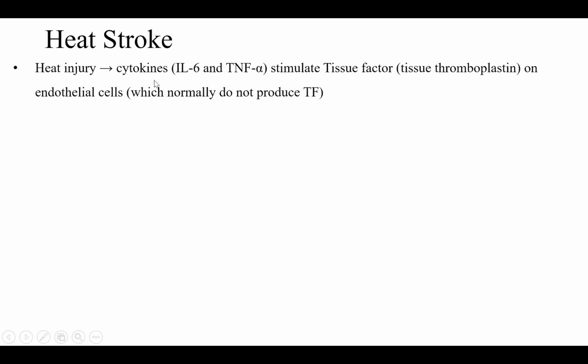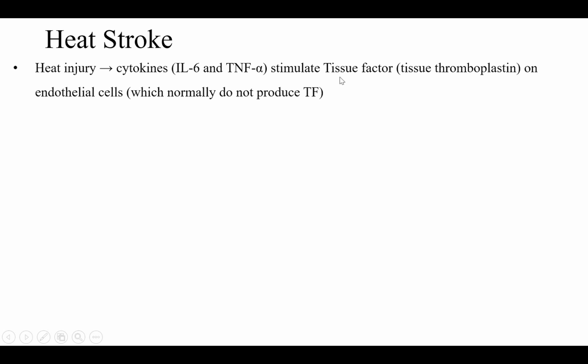Heat injury stimulates cytokines IL-6, IL-1, and TNF alpha, and this stimulates tissue factor and tissue thromboplastin on endothelial cells. Normally endothelial cells do not produce tissue factor. However, in case of an injury, that stimulates tissue factor.